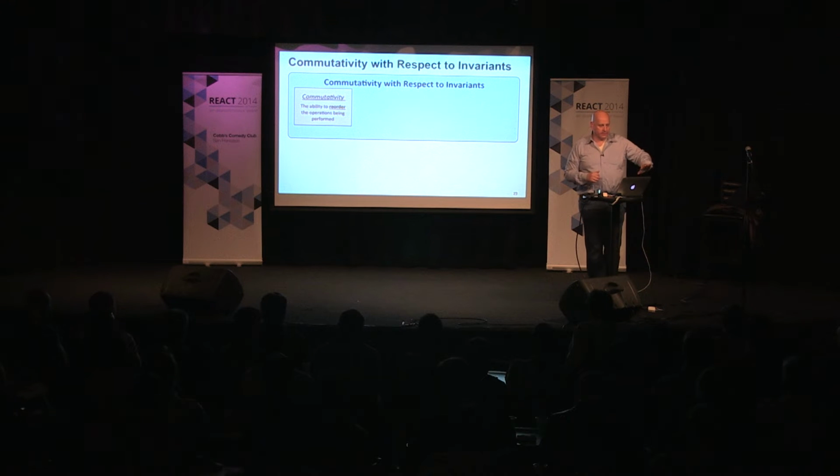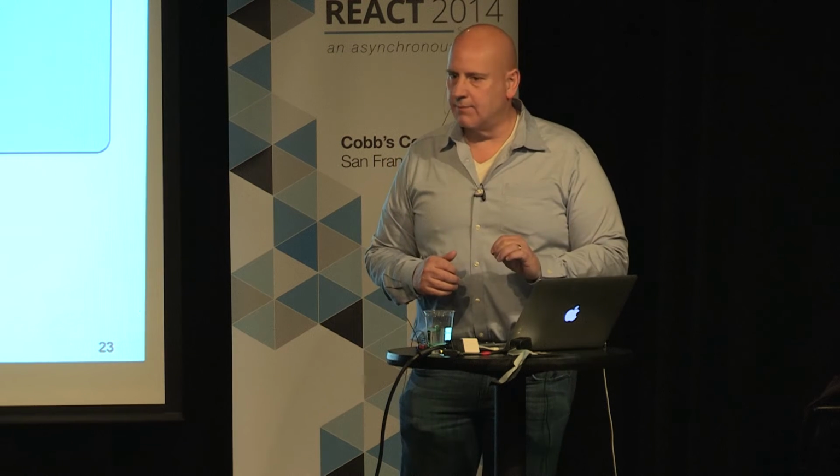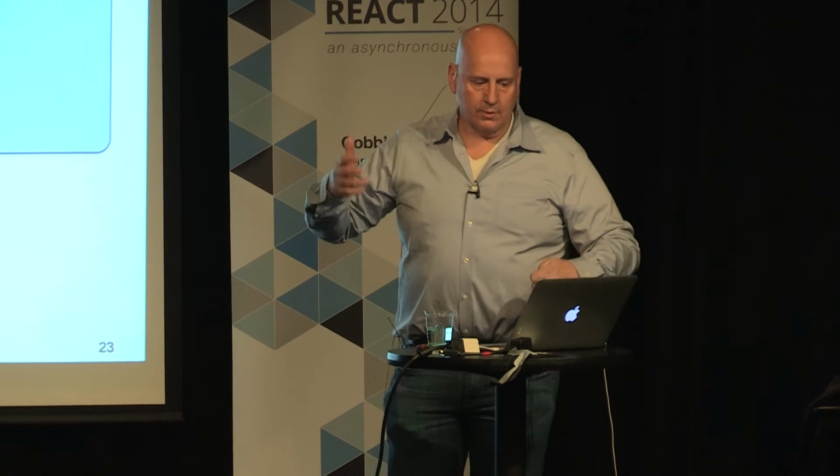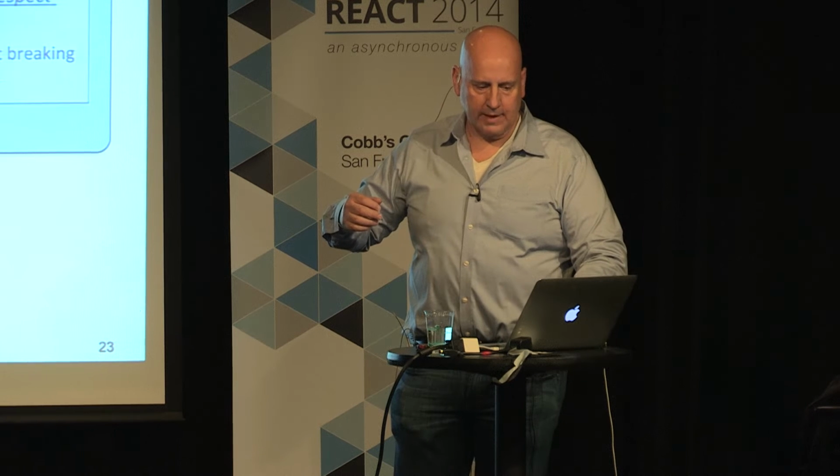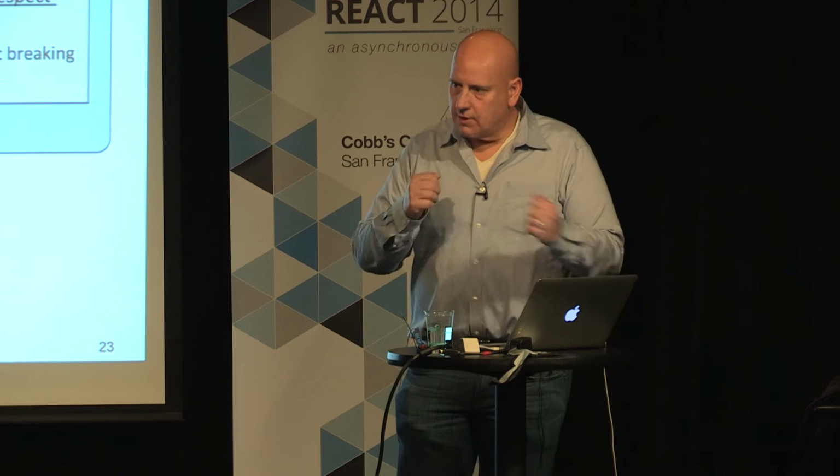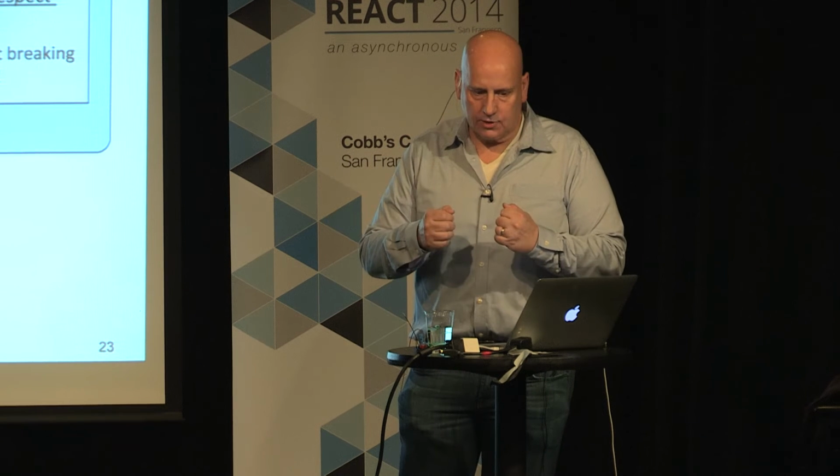Commutativity with respect to invariance is the ability to reorder the operations being performed. An invariant is a business rule. Don't book more than 115% of the seats on an airplane. Okay, that's a business rule. What's my overbooking level? Some business rules remain true from the application's perspective. You must have it true even though you're allowing commutativity of the operations.